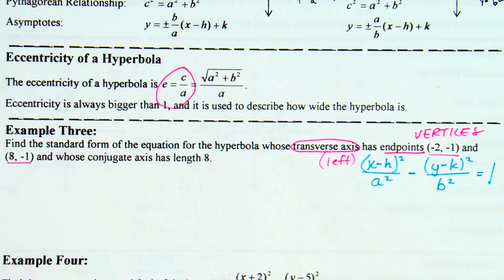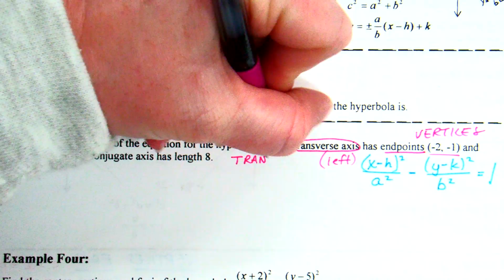So how long is the transverse axis? It is 10. So what's that helping me figure out? The transverse axis is 2a. We just figured out it's 10 long, so 2a equals 10, and thus a equals 5.